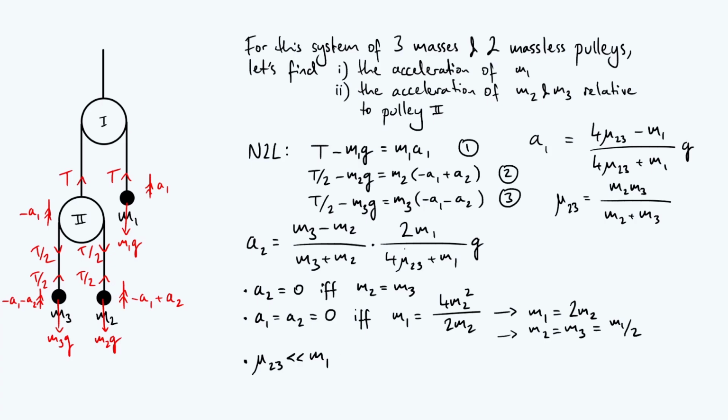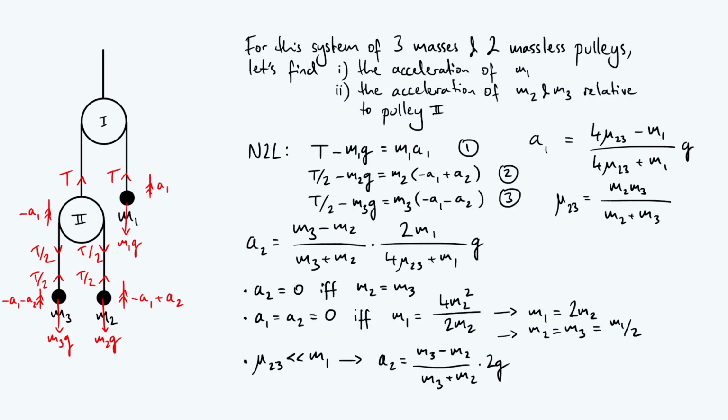So that condition would basically mean that the mu23 term becomes negligible, and this M1 would cancel with that M1 because the mu23 term is essentially 0. And so you get this particularly simple form of A2. It's going to be M3 minus M2 over M3 plus M2 multiplied by 2g.